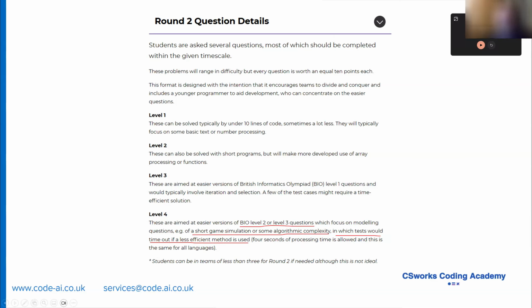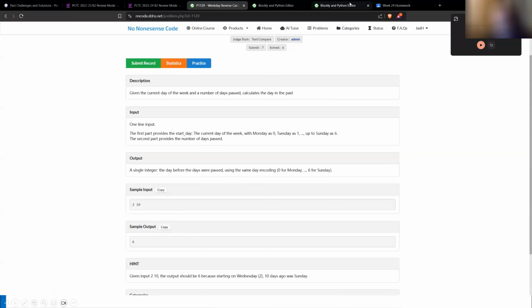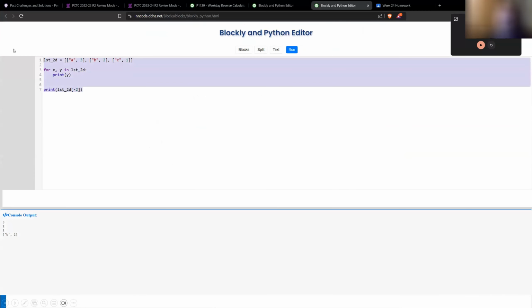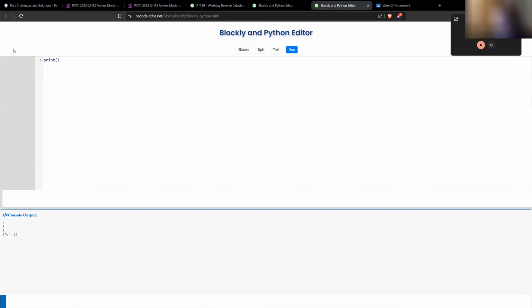So you might, for example, be given a question to print the numbers from 1 to 20, each on a line. So it goes 1, 2, 3, 4, 5, 6. You could, of course, do print 1, print 2, print 3, and keep going. But firstly, this is not efficient when it comes to your time, and you are timed in the challenge.